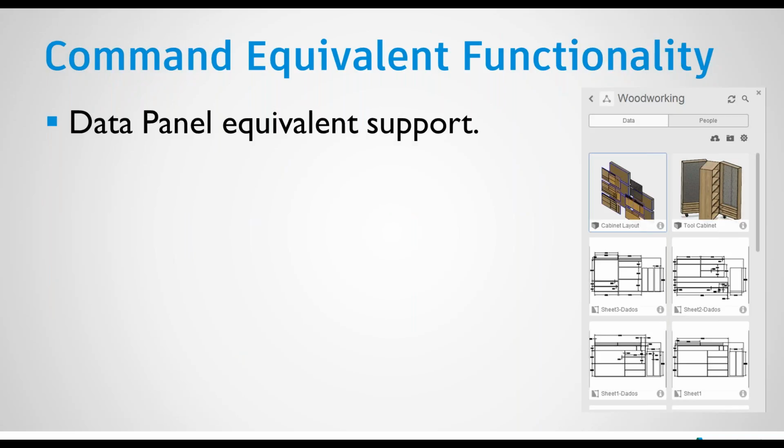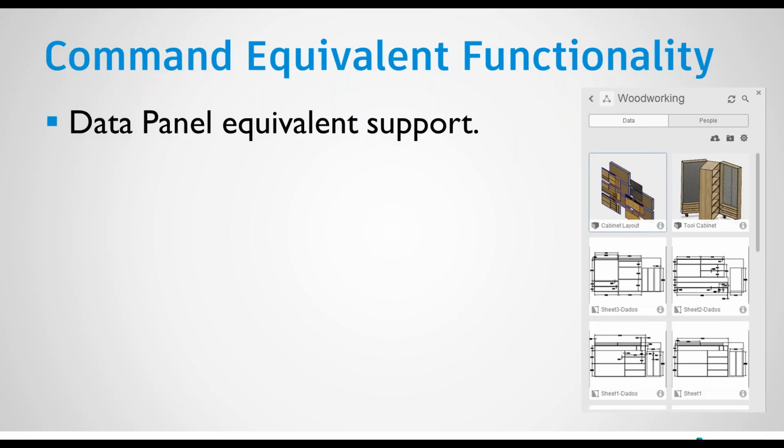The API also has support for the data panel. The data panel is kind of Fusion's interface to A360, so I don't have to go to A360 itself. Fusion has this panel to the side that lets me browse my workspaces and folders in those workspaces, see any existing models that I have, and open them from here.